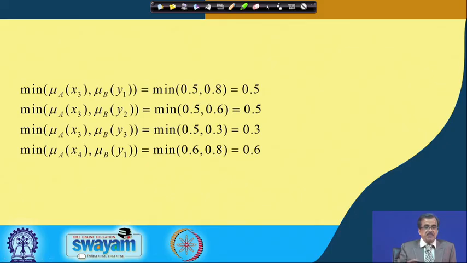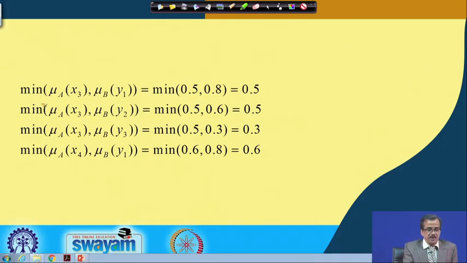Next we try to find out the minimum between mu A(x3) and mu B(y1), that is the minimum between 0.5 and 0.8, and that is 0.5. Next is the minimum between mu A(x3) and mu B(y2); following the same procedure I will be getting 0.5.